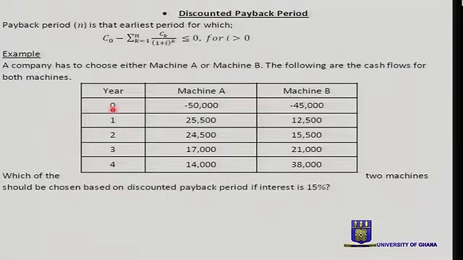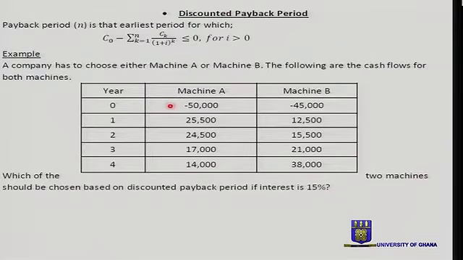Now we want to evaluate the purchase of two machines, machine A and machine B. These are the years. So we have years 1 to 4. Machine A would cost us 50,000. You do notice that period 0 would mean the initial period, kind of like today.